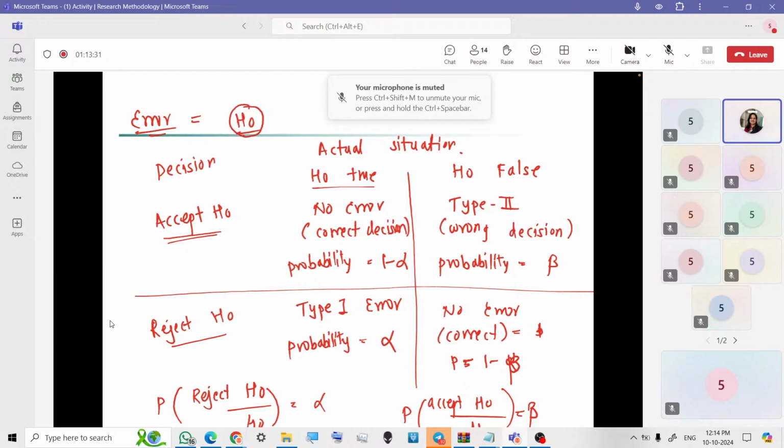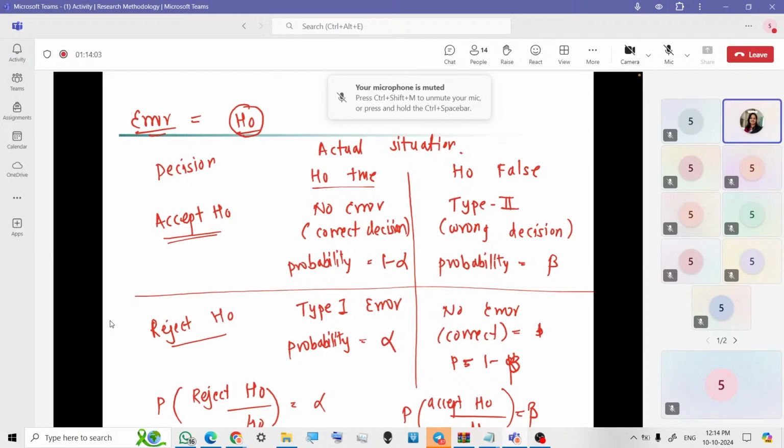So what is the actual case? That I should accept my H0 or reject my H0. And what is the decision of the system based on the data which you have? Accept H0 or reject H0.